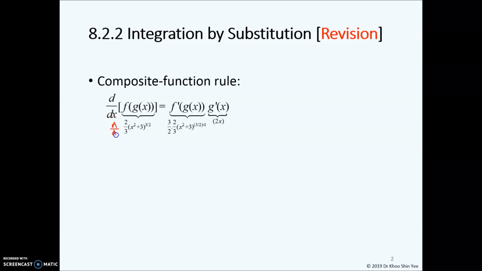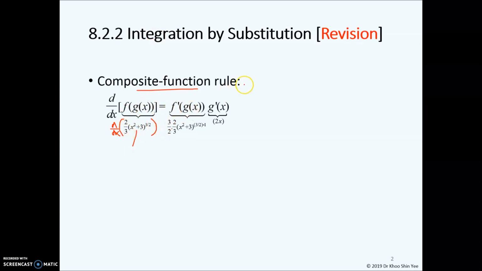You want to differentiate this function. In this case, this function is like a polynomial function, and it is raised to the power 3 over 2. So this is some sort of composite function, where there are multiple functions mixed together, right?